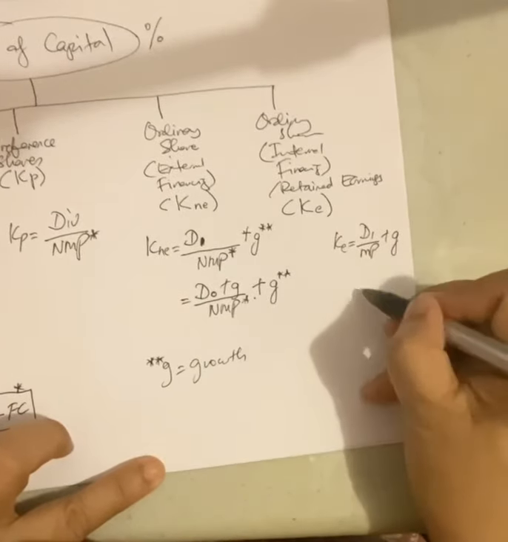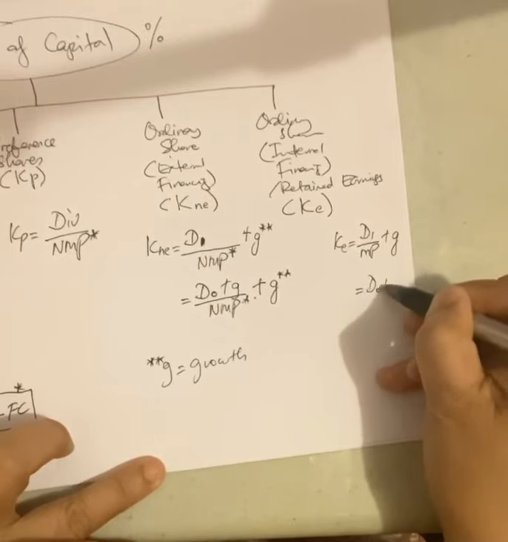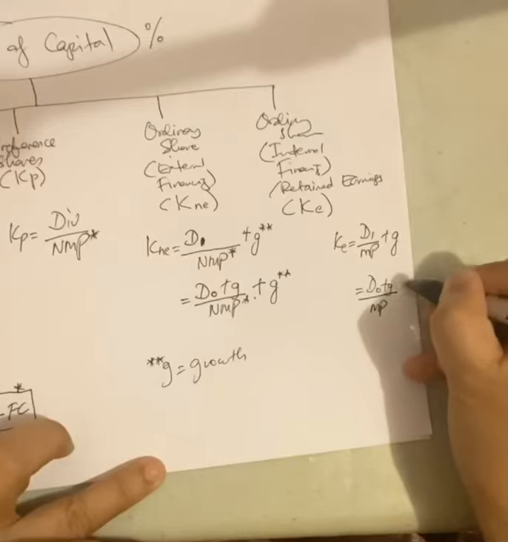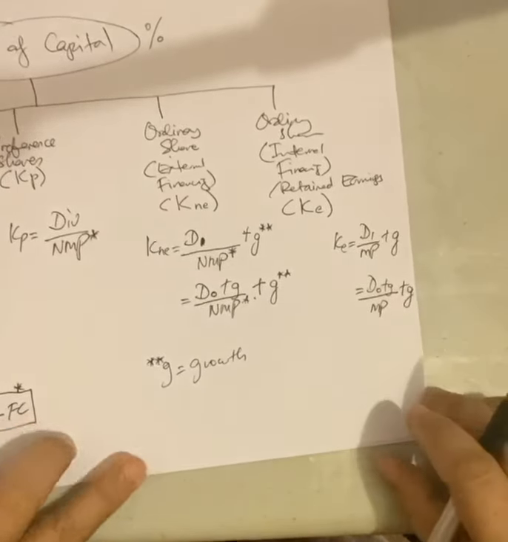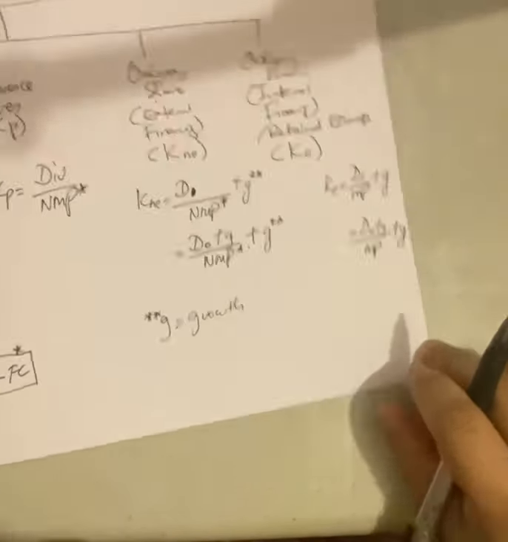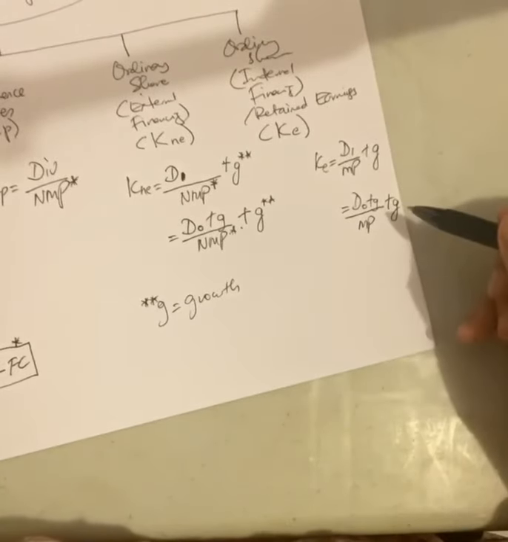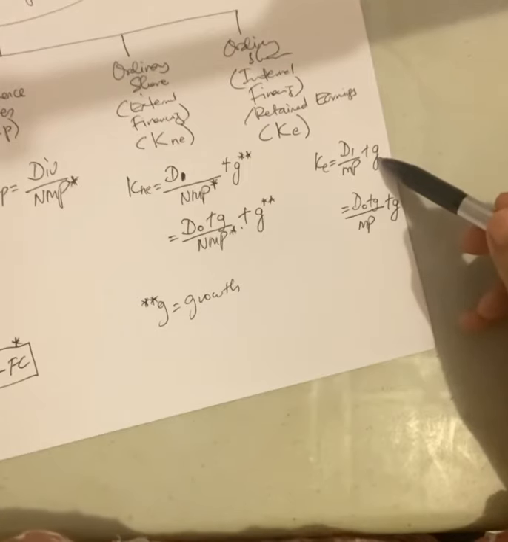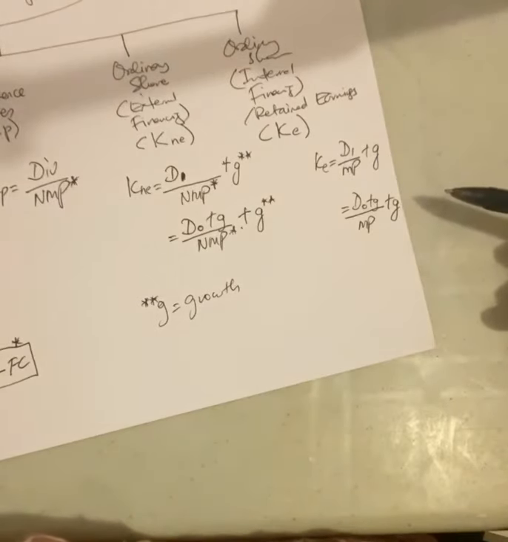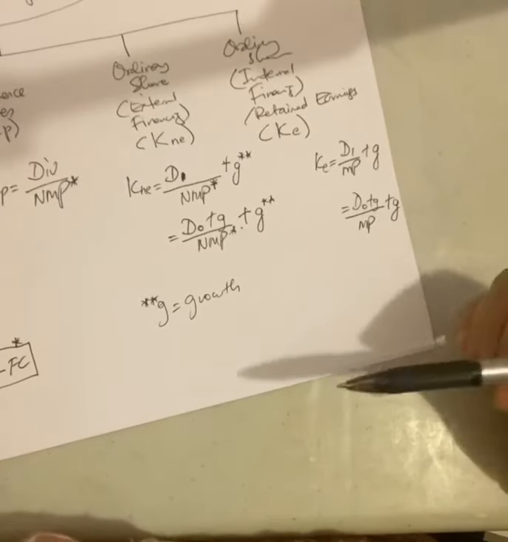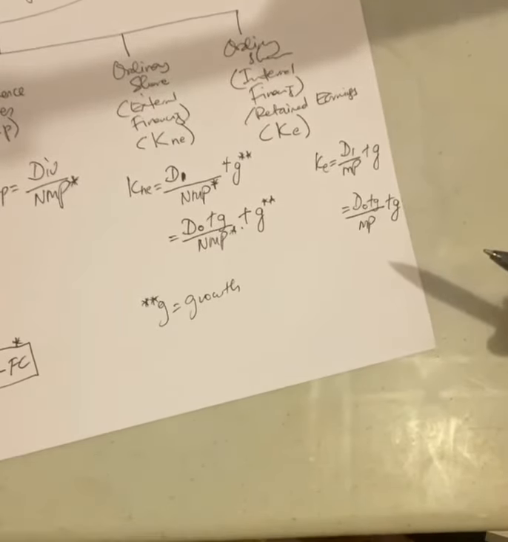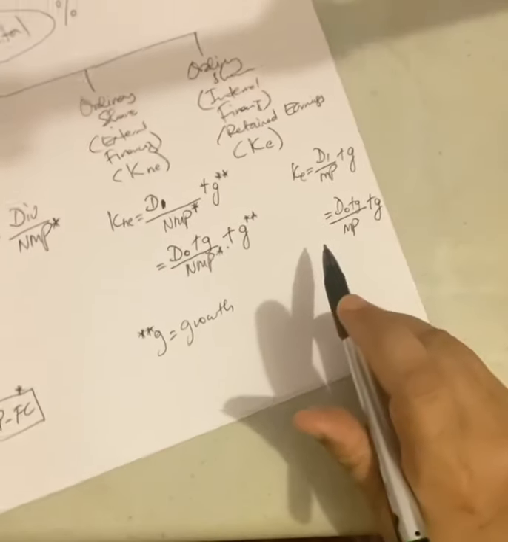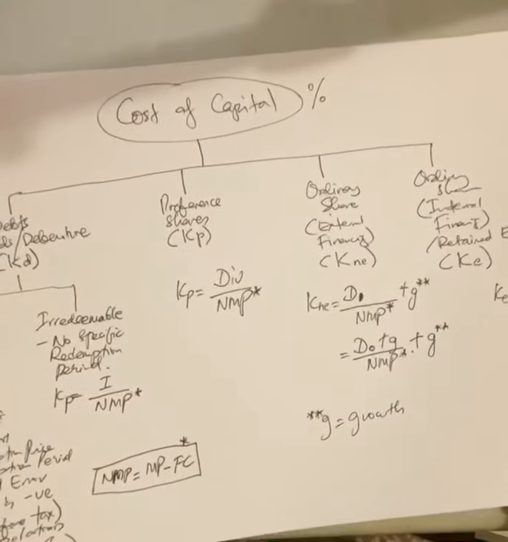Or D0 times one plus G over market price, plus G, the growth. So how to get the growth? It is based on the historical data of the company. It could be the previous few years, and then you average the growth rate of the previous years' dividend. So that's all the cost of capital.